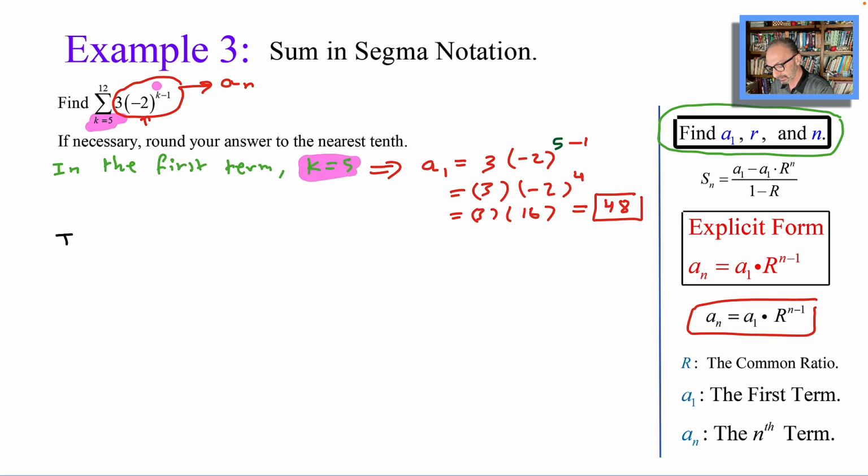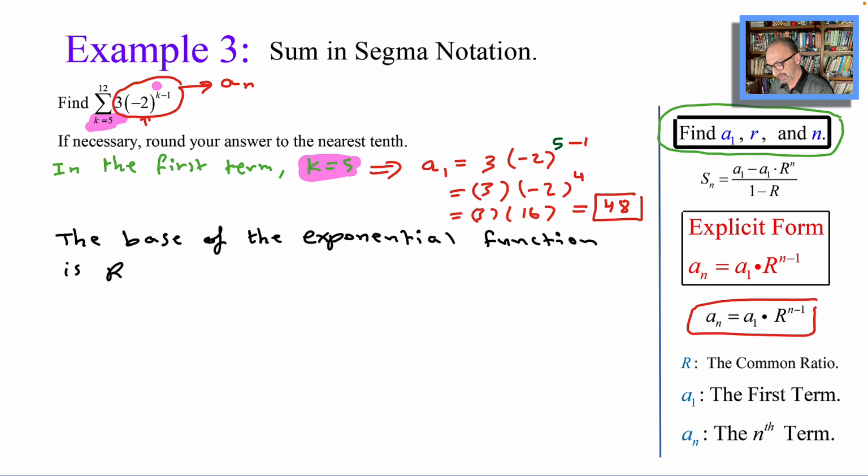Next, the base of the exponential function is r, because this acts right here as an exponential function. If you go back to exponential functions, f of x or y equal a times b to the x.